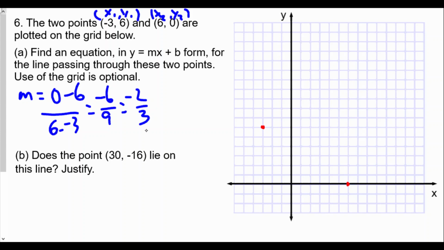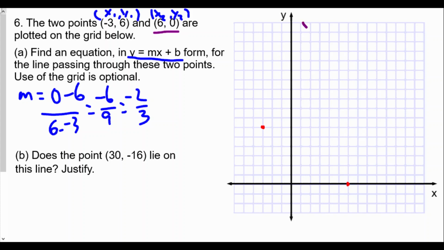Now, to find the y-intercept we pick one of the points, and it doesn't matter which one. I'm going to pick (6, 0). Always good to plug in a 0. It makes things easier for us.